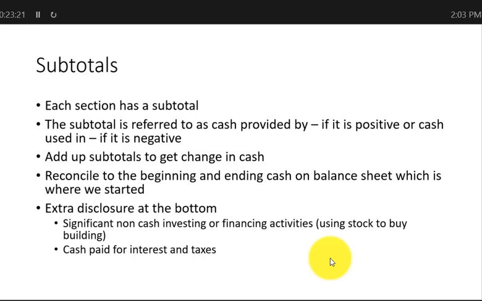Add up the subtotals to get the change in the cash, as we talked about at the beginning. Now, show your reconciliation. Show that you took the beginning and ending cash on the balance sheet and that it equals the same as the change in cash that you just calculated in the cash flow, just to tie it all together and make sure that it's easy to see.